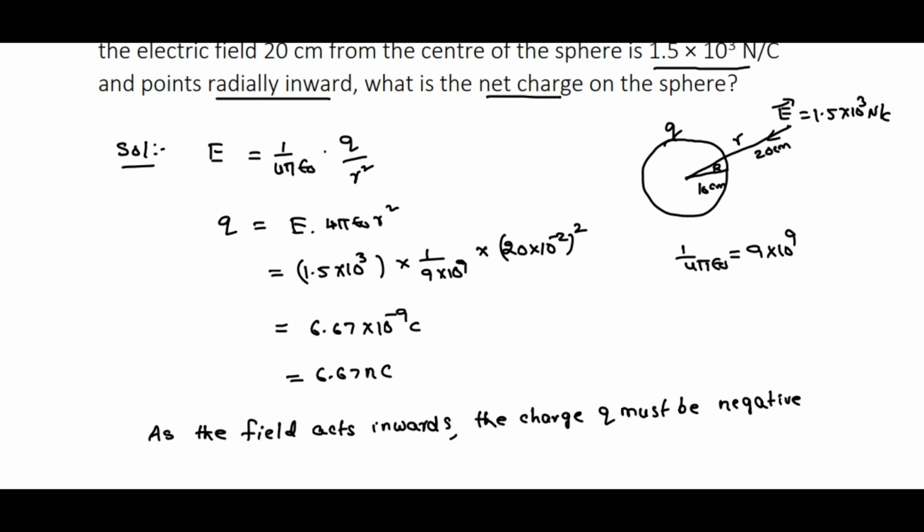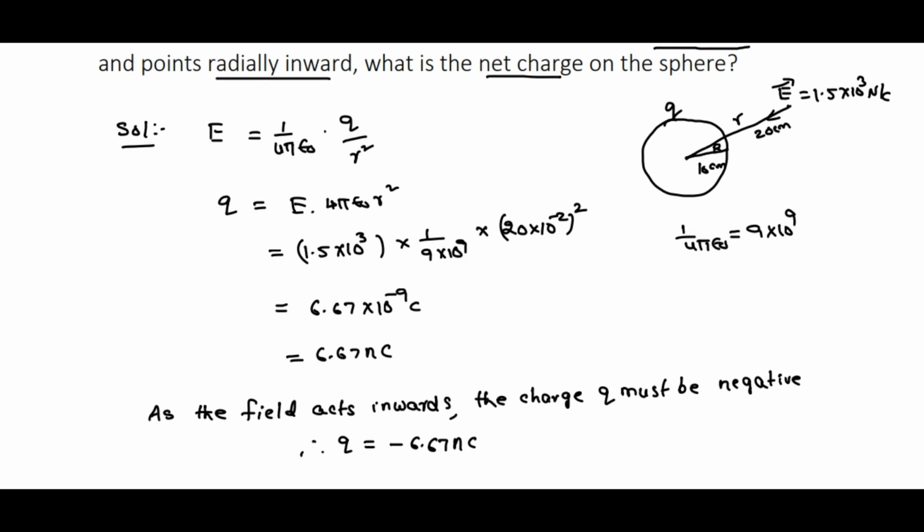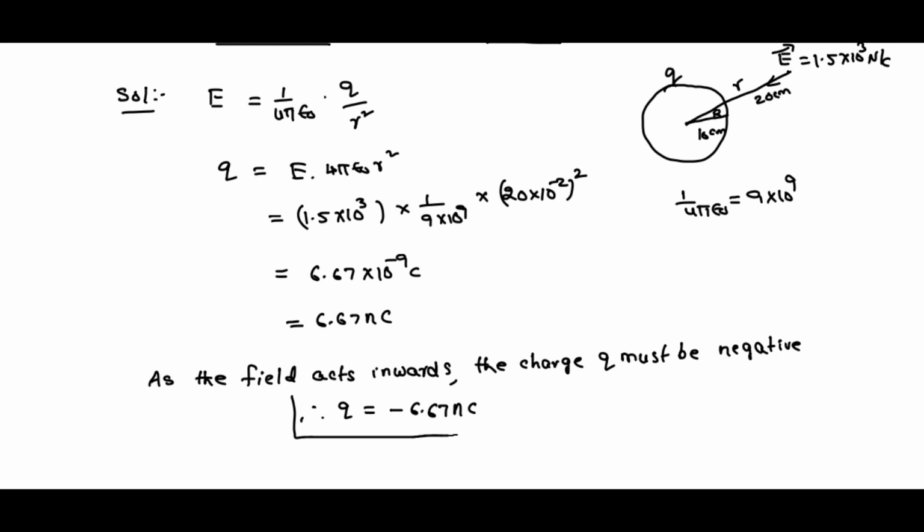So finally, the charge Q is equal to minus 6.67 nano coulomb. So this is the answer. So direct formula E is equal to 1 by 4 pi epsilon naught into Q by r square. From this we are calculating Q.